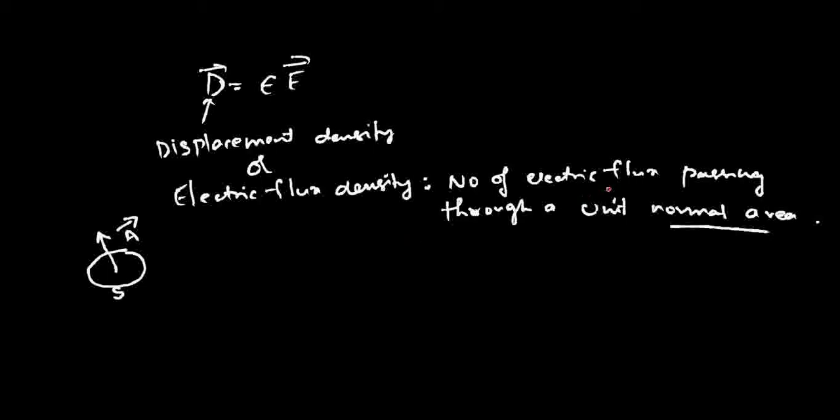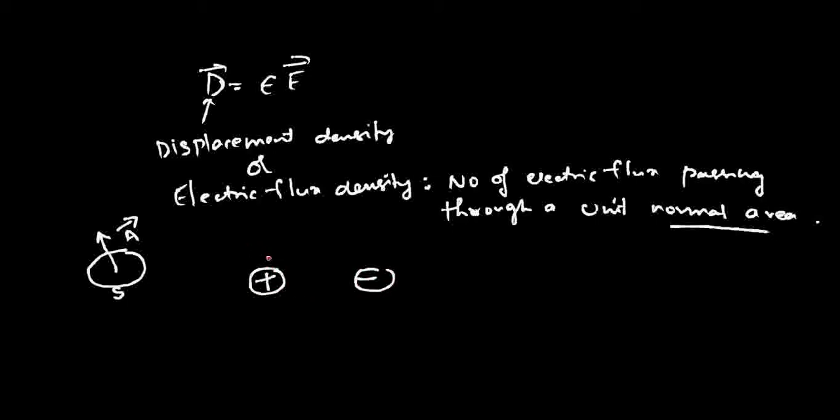Before we understand the definition of electric flux density, let's recall the concept of positive and negative electric charges in an electric field. As we know, the source of electric field is a charge, and the charge can be positive or negative.